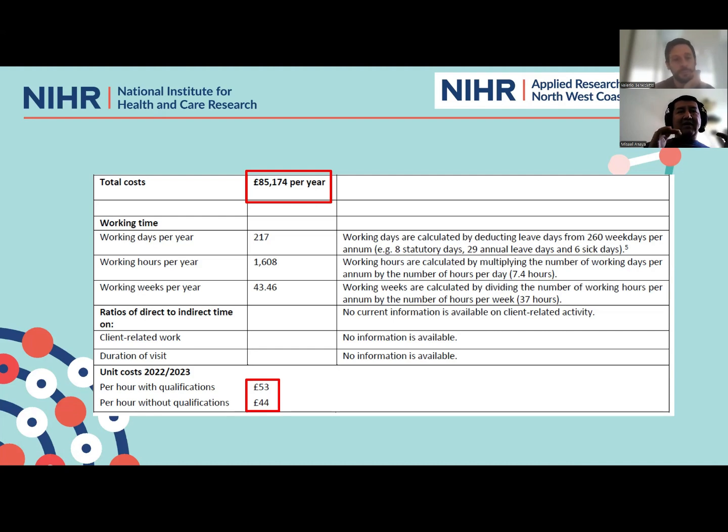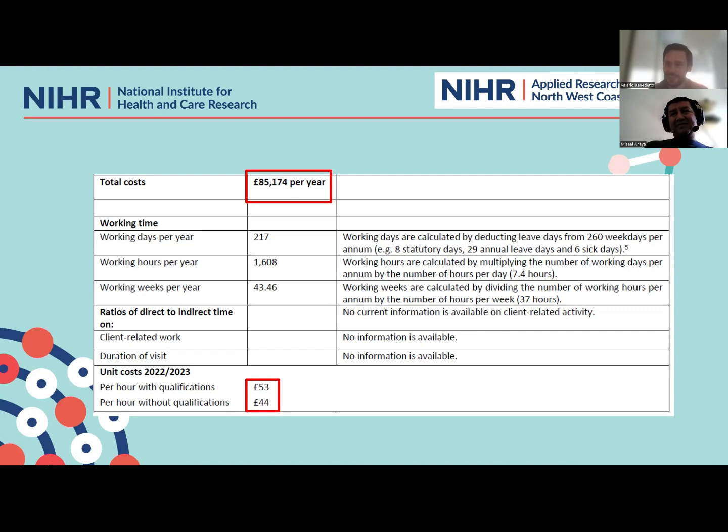And then we multiply this by 7.4 working hours per day, so it's 1,608 hours per year. Then we divide 85,000 by 1,608, and we get the cost per hour. This is 53. You can see at the bottom of this slide, 53 is the cost per hour of this. And this is really important.